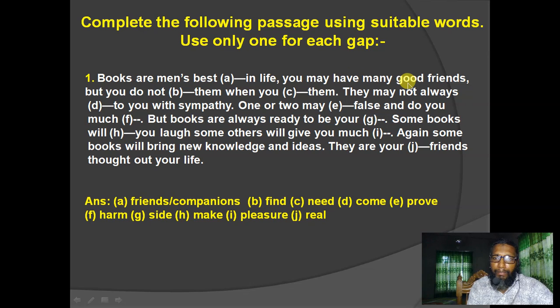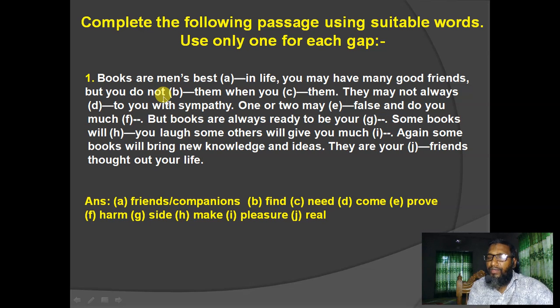You may have many good friends, but you do not have them. You can use here have them, or you can use get them, or you cannot find them. Okay, you can use any word, but you have to use a verb here, because before the gap there is do not.